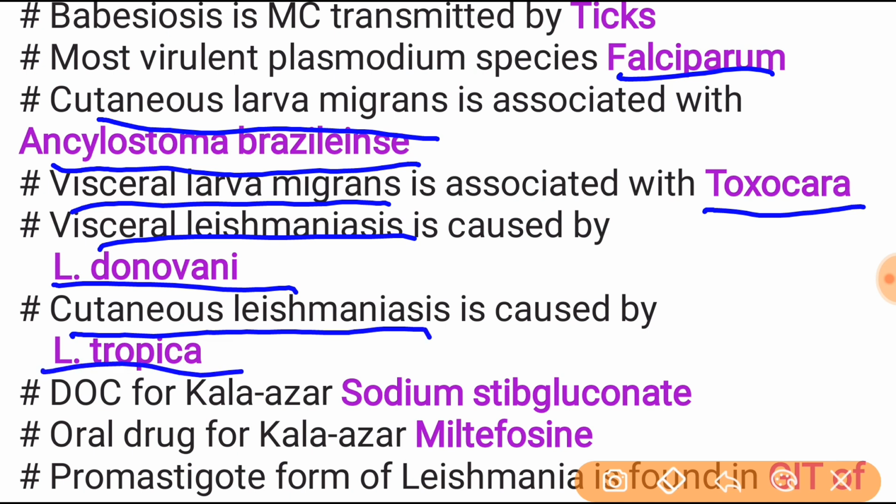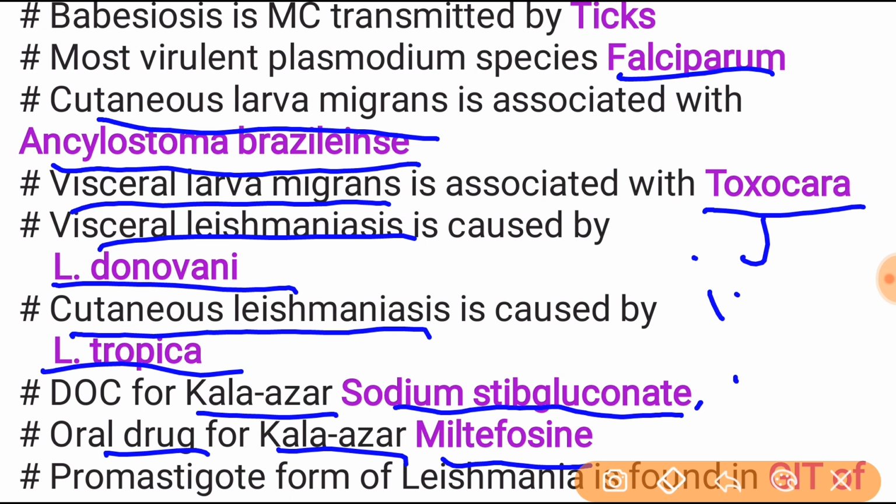Drug of choice for Kala-Azar is sodium stibogluconate, and amphotericin B is also used in some regions. Oral drug for Kala-Azar is miltefosine. That means all the drugs for Kala-Azar are IV drugs except miltefosine. Only miltefosine is the oral drug for Kala-Azar.